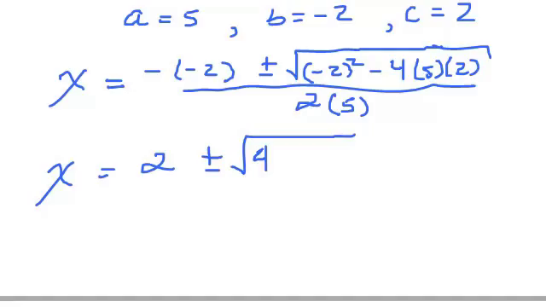Alright, so we're going to have minus, so we've got 4 times 5 is 20, and 20 times 2 is 40. So you notice under here we've got 4 minus 40. We're going to end up with a negative under the radical. So hopefully you know how to deal with complex numbers, because that is what we're going to be dealing with here.